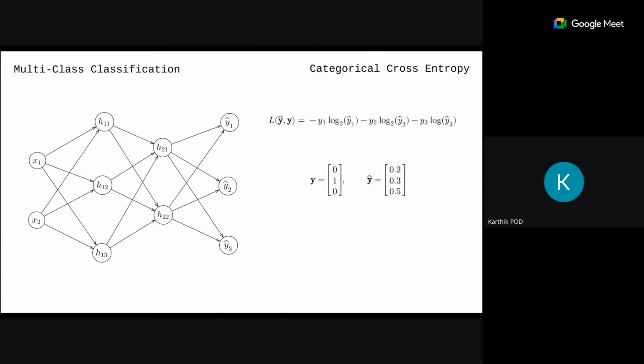One example: if you have the true label as this, and your predicted probabilities come out to be 0.2, 0.3, 0.5, how do you compute the cross entropy loss?